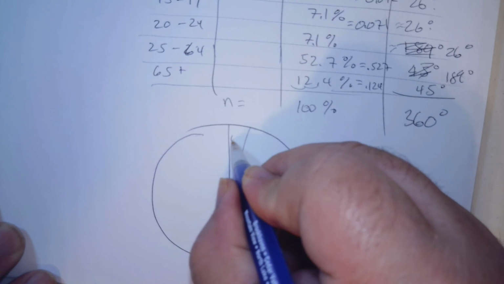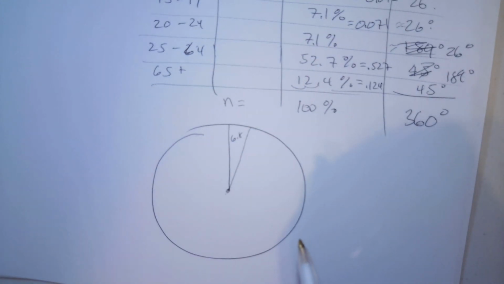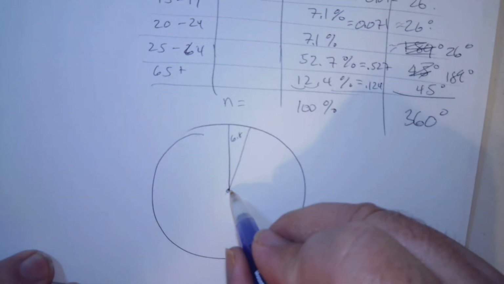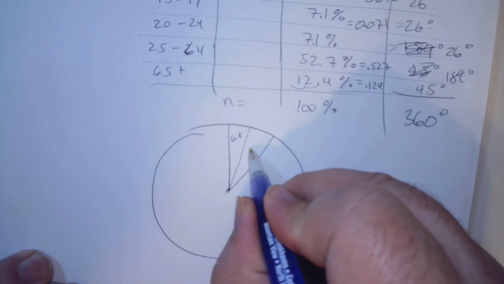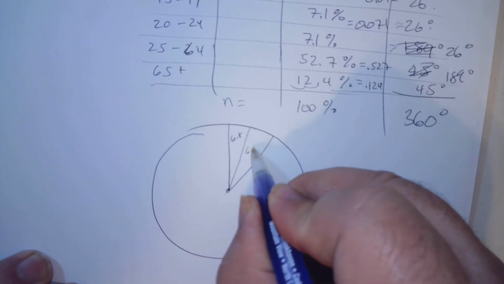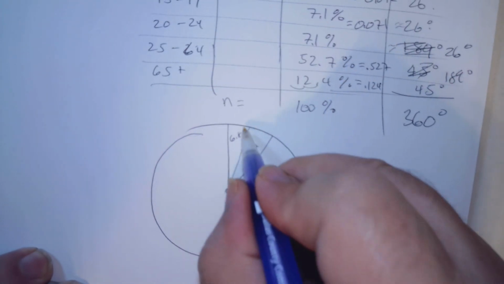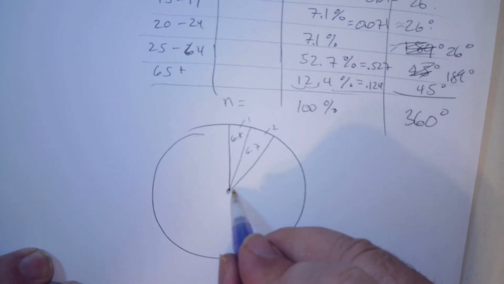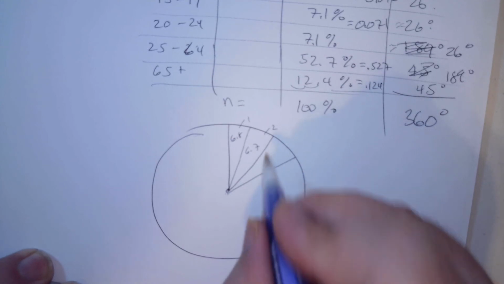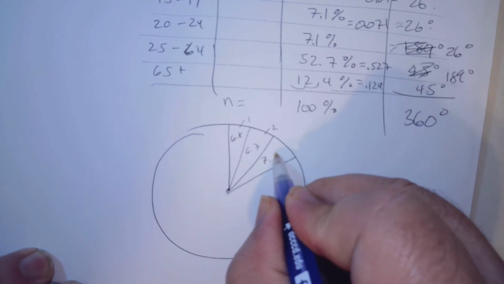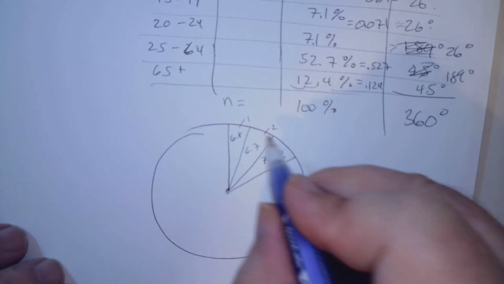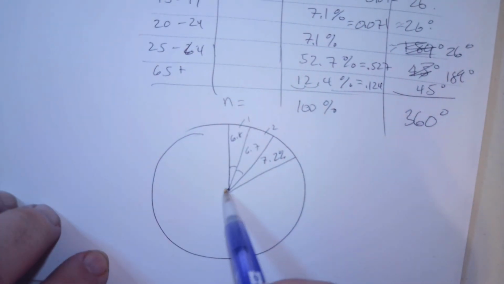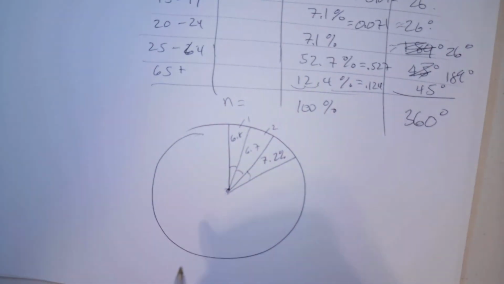So that's 6.8% of the circle. And another one the same size is 6.7%. So this is the first group. This is the second group. The third group is 26, just a little bit bigger. That's 7.2%. That's 26 degrees. So this is 24 degrees, 24 degrees. Get your compass from there, 26 degrees, and so on and so forth.